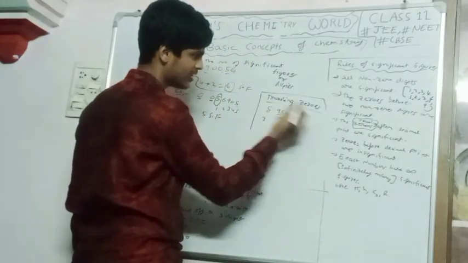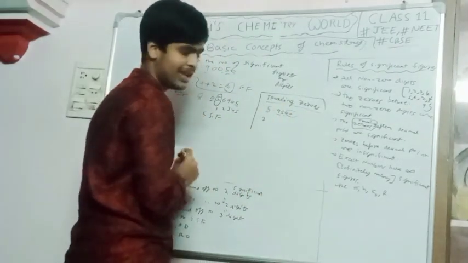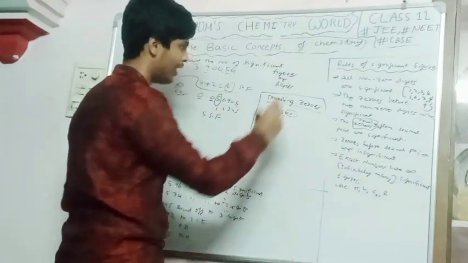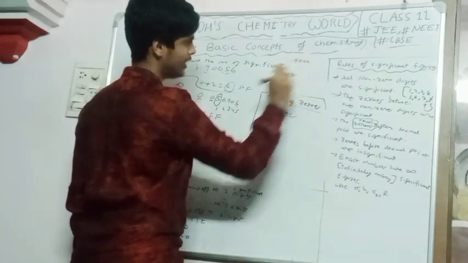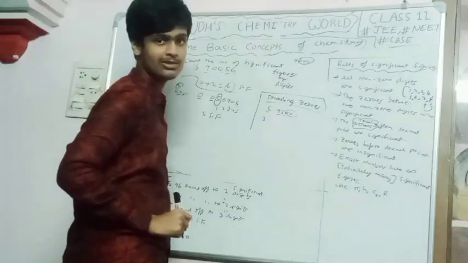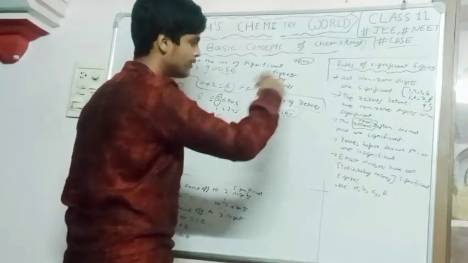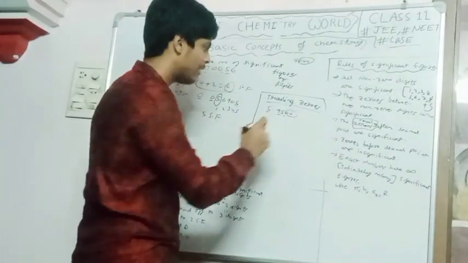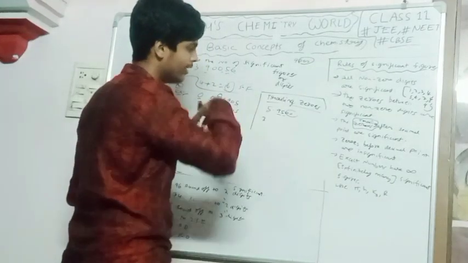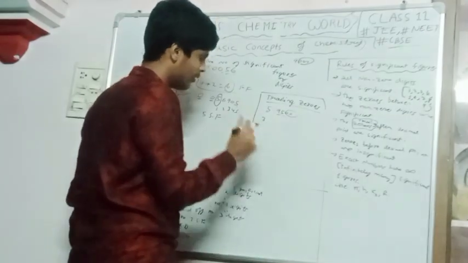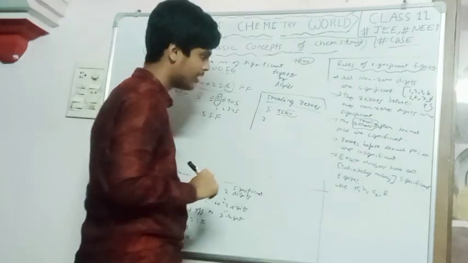Trailing zeros are the zeros which are present at the last. If I write 9000, those are not trailing zeros. The zeros which are present after the decimal point and after a non-zero digit are trailing zeros. I hope you understood this.